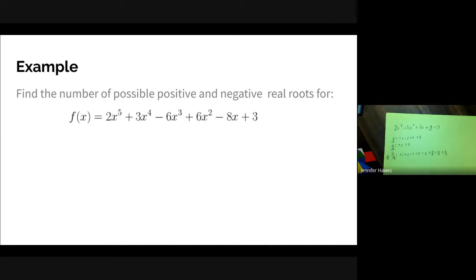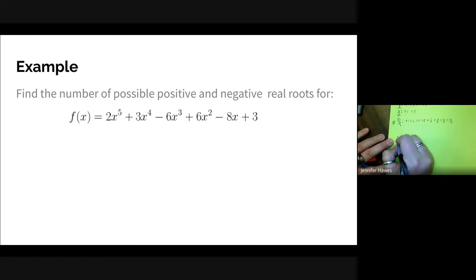So we're going to just find the positive. I'm writing it down as I'm talking. Minus 1 minus 8x plus 3.